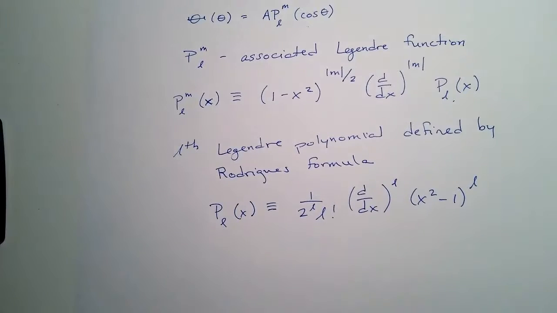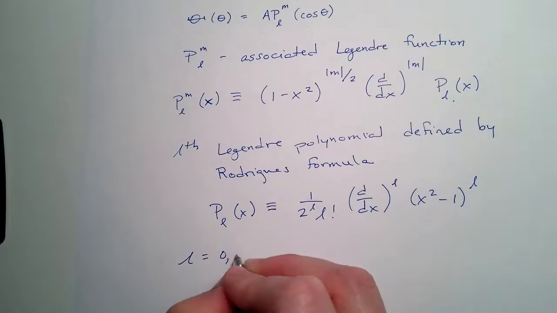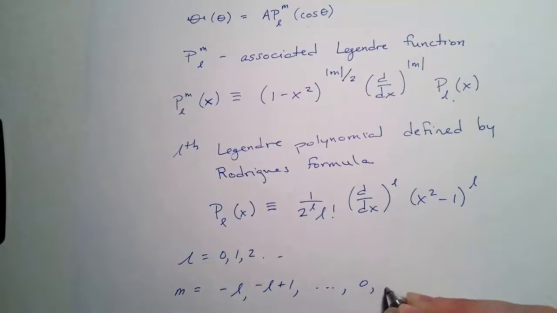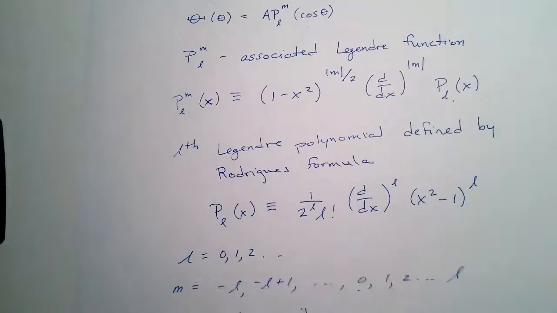So l must be a non-negative integer. So we start at 0, 1, 2. m can be anything from negative l, all the way up to l. So there are 2l plus 1 possible values of m.